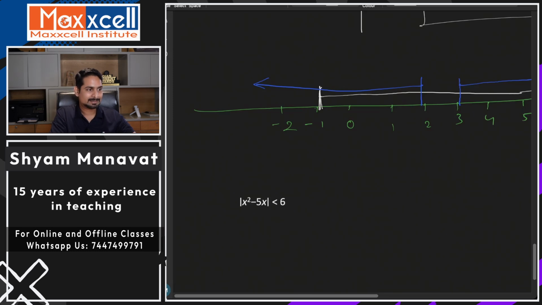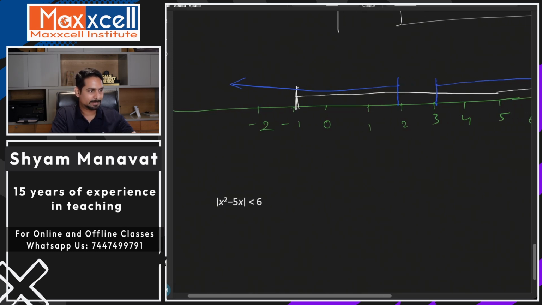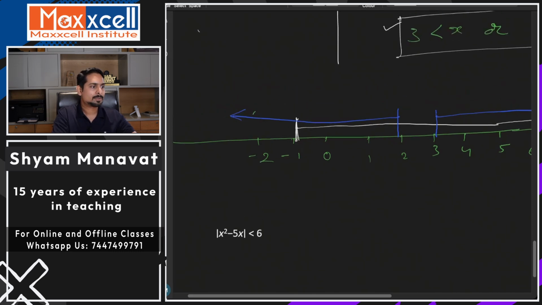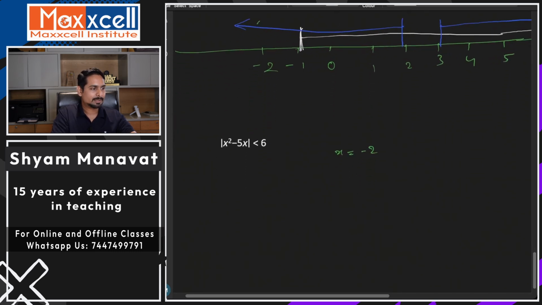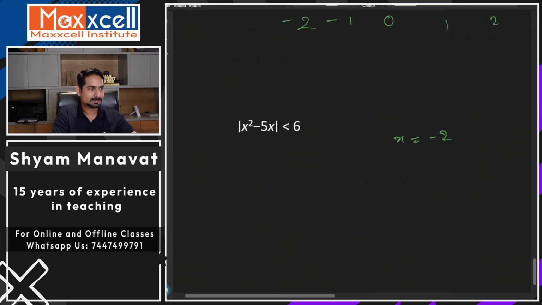Now suppose I take -2, which satisfies only the blue line. The blue line is for the second condition, right? So if x is -2 here, what will I get? -2 squared is 4, and minus of -5 into -2, that will be -10, and minus times minus gives +10 here.